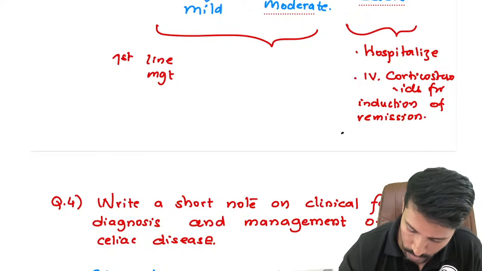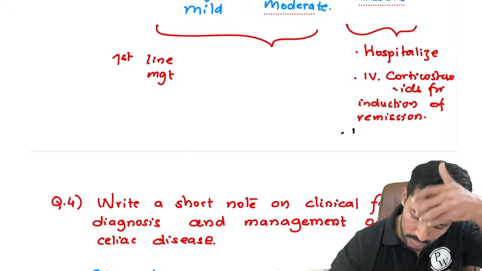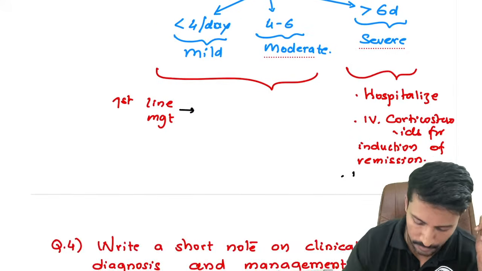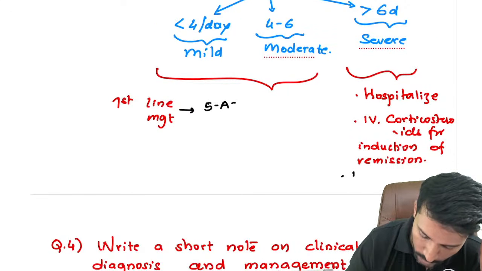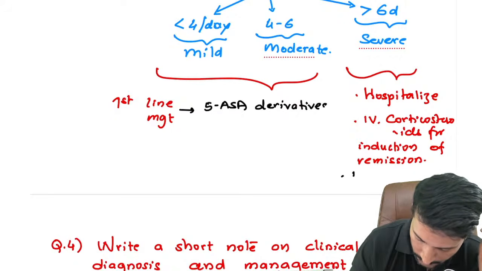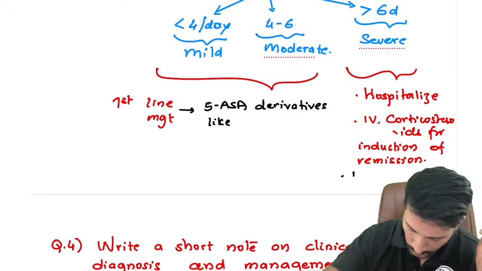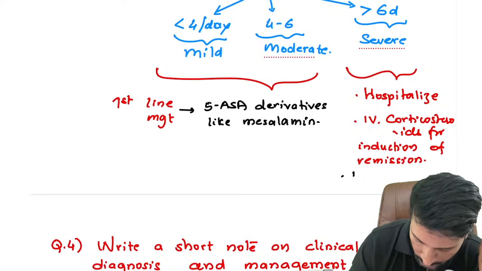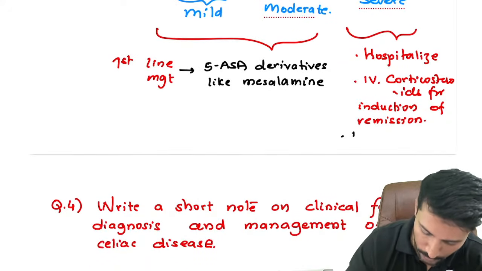And then again, what is the drug of choice for the simple mild or moderate case of ulcerative colitis? You can use 5-amino salicylic acid derivatives like mesalamine, right? That's just to give an example.